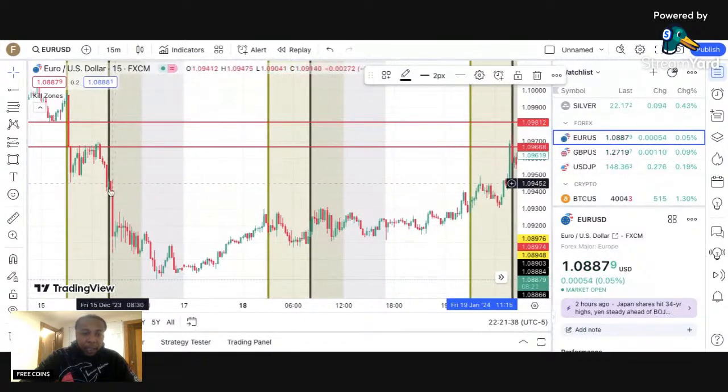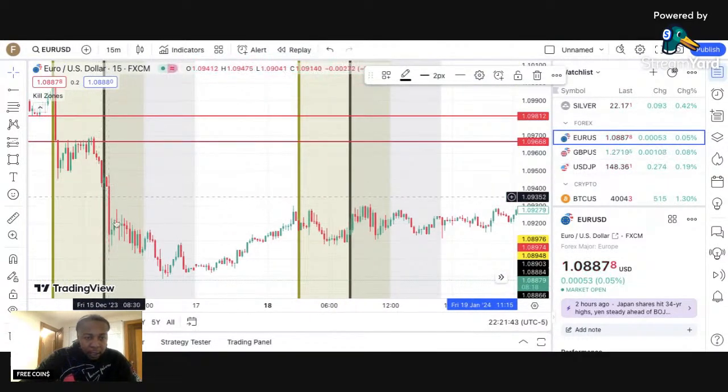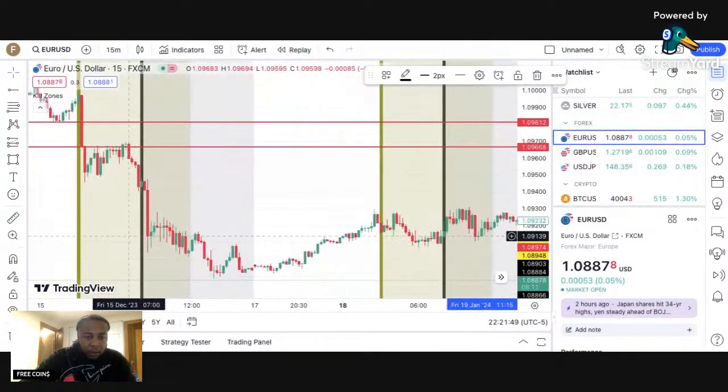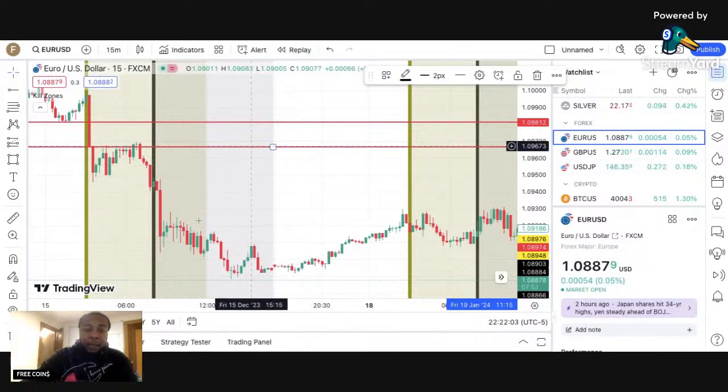Let's see, we are December 23rd, so we go back last year. Let's find that 10 o'clock candle, 10:15. Here we go, this is the 10:15 candle. So we got a pullback. We would have lost this one if we were going to try to go the opposite way, taking it back up here.